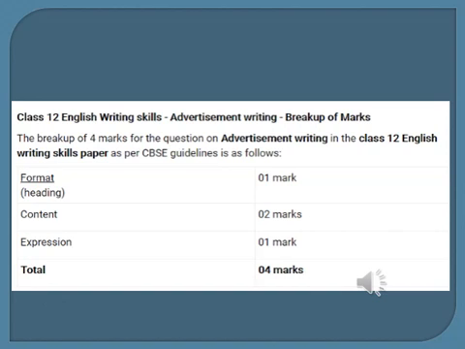So you understood now: format is for 1 mark, content for 2 marks, expression for 1 mark. Similarly in notice writing also, the breakup is the same: format for 1 mark, content for 2 marks and expression for 1 mark. So totally it is for 4 marks.